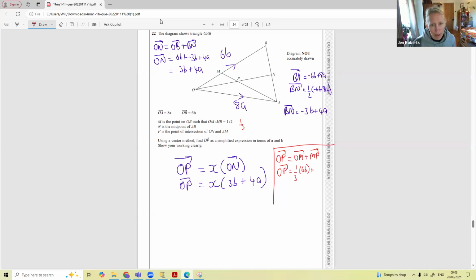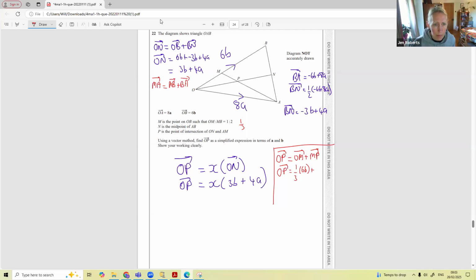What is M to P? Well, it's part way along M to A. So we need M to A as well. M to A is, sorry, M to B plus B to A. So MB plus BA.